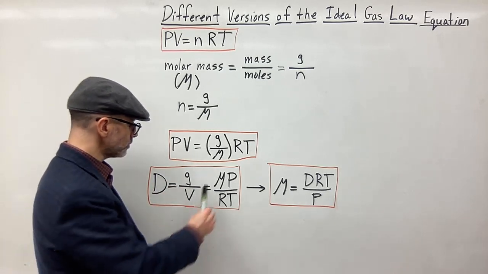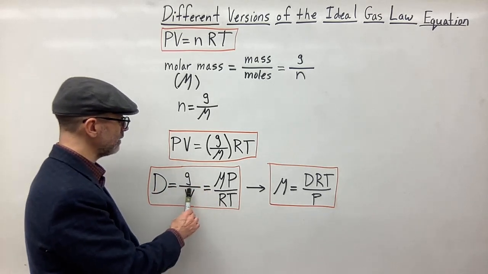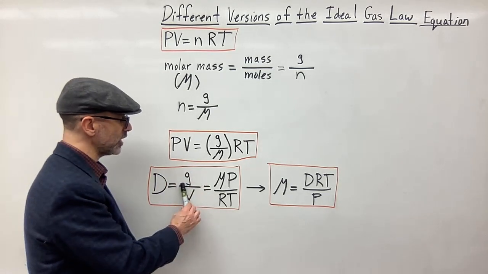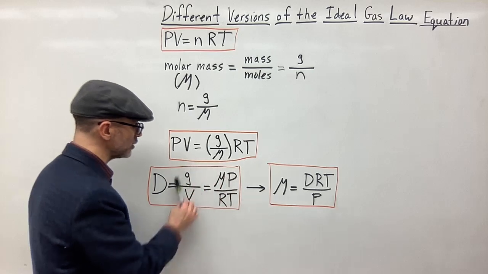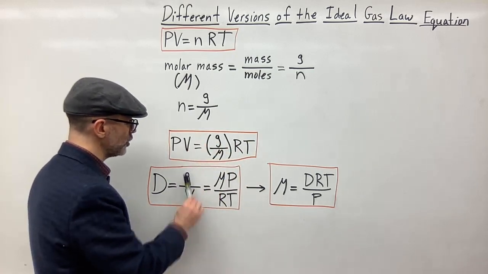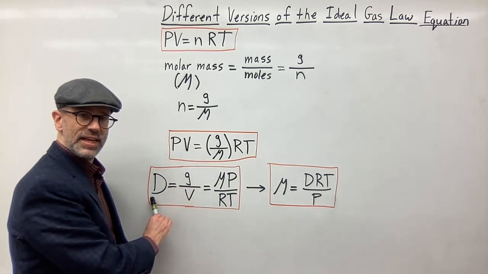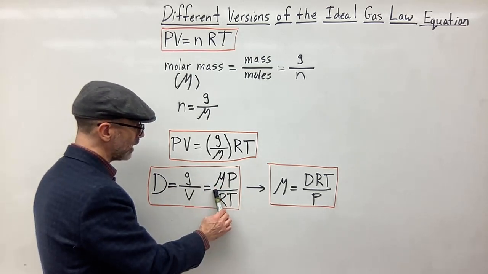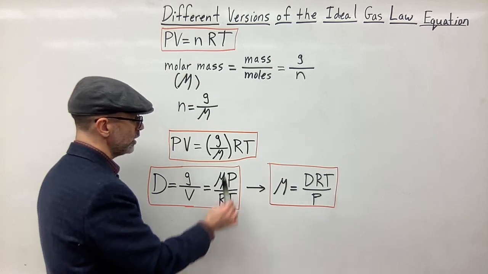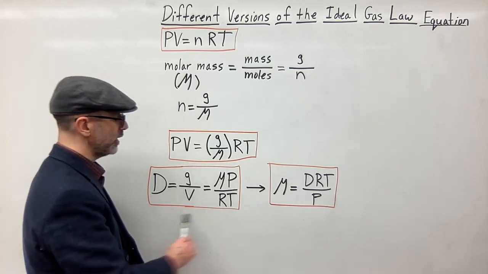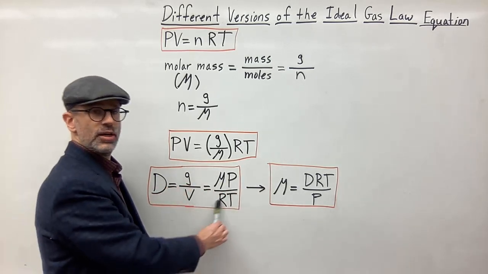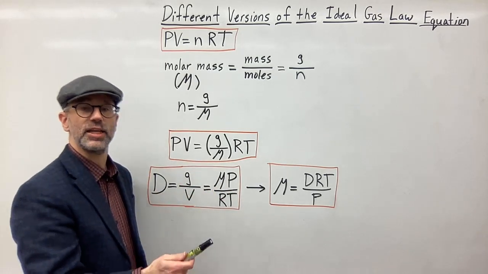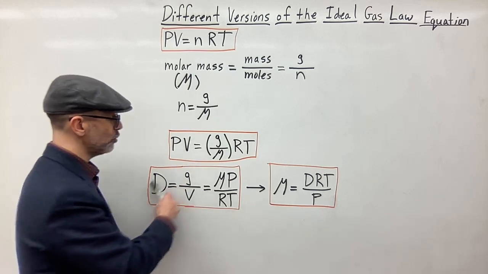If we rearrange the equation to be G over V, that's equal to the density, and that's going to be equal to the molar mass multiplied by the pressure divided by R times temperature. So this is a good form of the equation to use if you're trying to find density, or if they give you density, you can use this.